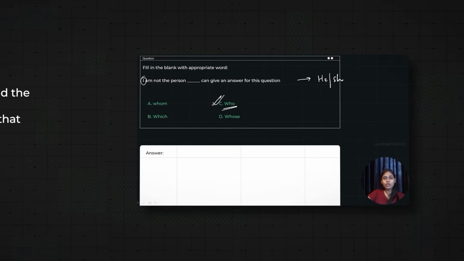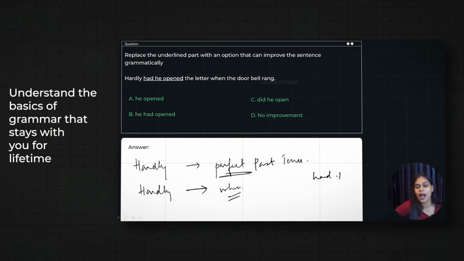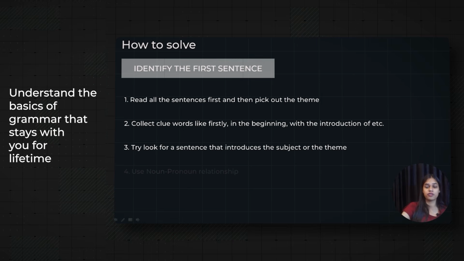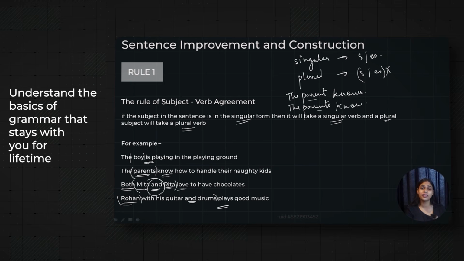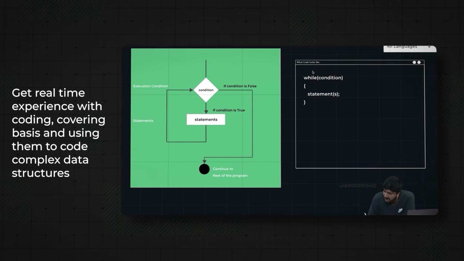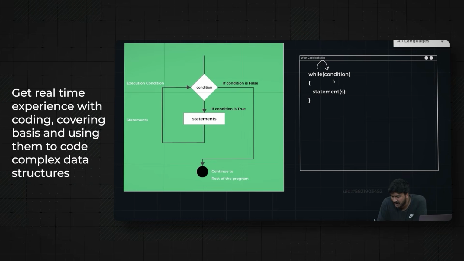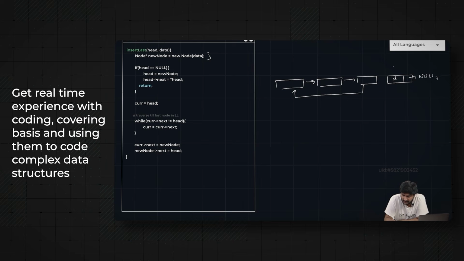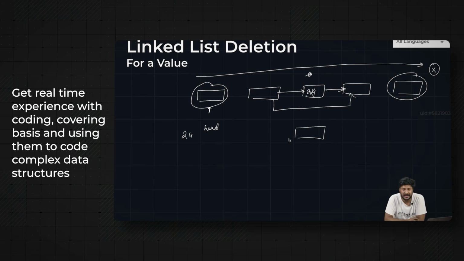In the verbal section, we teach students how to ace the comprehension part, and also we make them know the very basics of English grammar, which is necessary to crack the verbal section of TCS. The coding section also contains the required logic of programming like DSA, trees, graphs, as well as we offer the programs which are frequently asked in the exam in our top 100 coding questions.